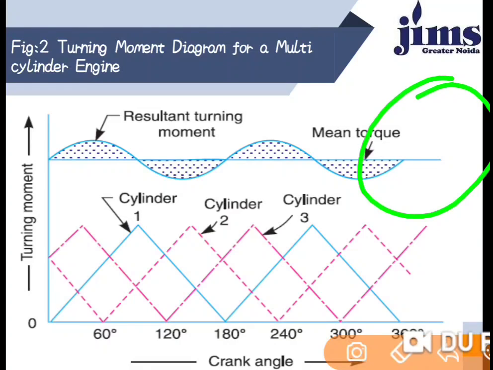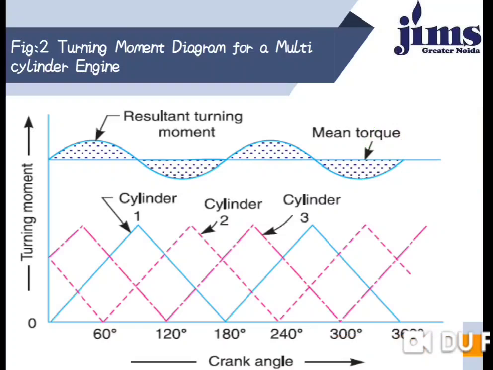If we are using multi-cylinder, then it is divided into 120 each, the same 120 and the same 120. So we can draw this curve at 120, 240 and 360. The same procedure we are going to discuss in this topic.